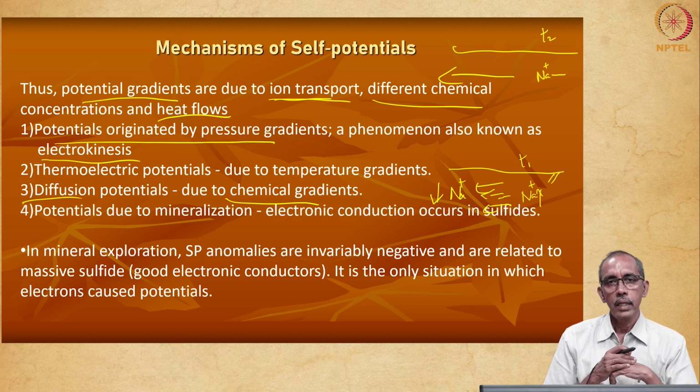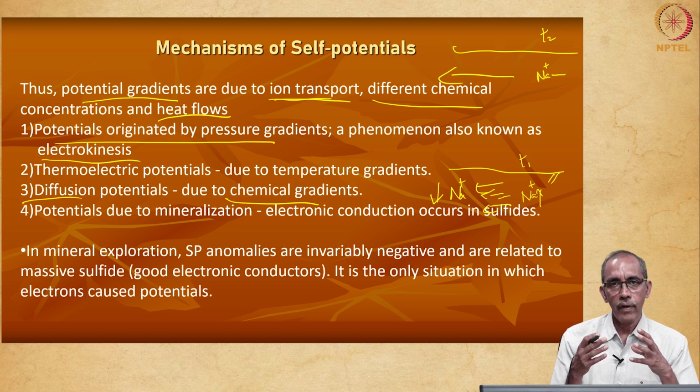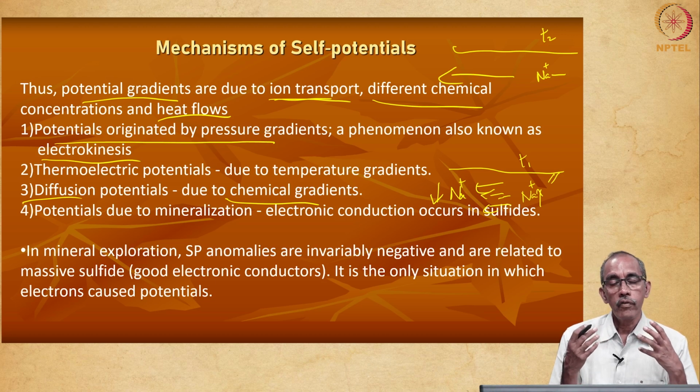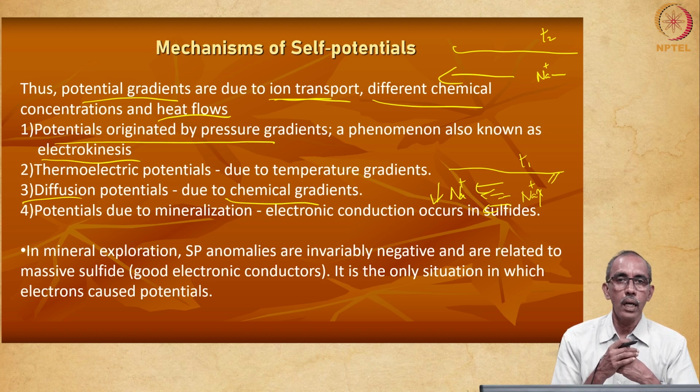Then the last one is caused by the minerals, right. The minerals beneath the surface of the earth may occur in a particular fashion, as if you have a battery beneath the surface, right. Many of us will know what is a battery, right. We are using it maybe for a calculator or for the remote control at our home.